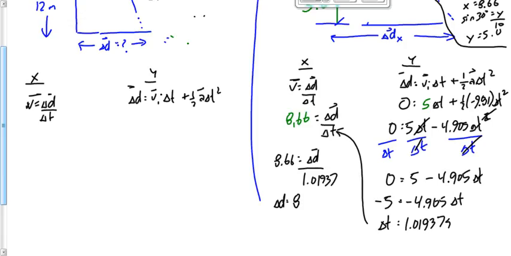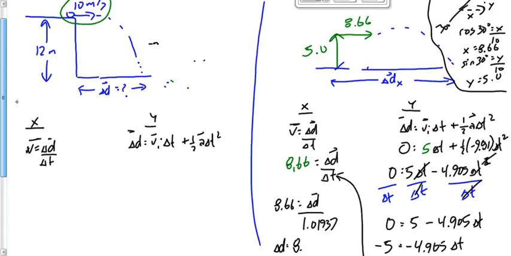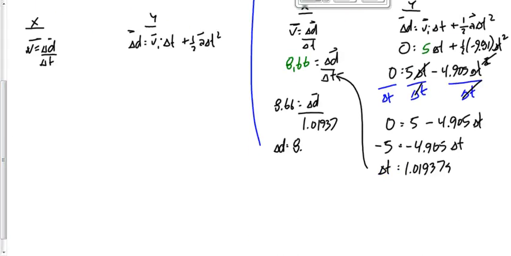And I get a displacement here of 8.83. Should be 2 digits though, so 8.8 meters. Is it the same as the last question we did? Not exactly. But is it almost the same? Yeah.